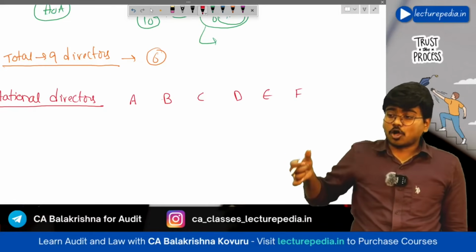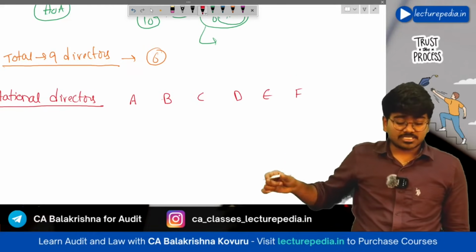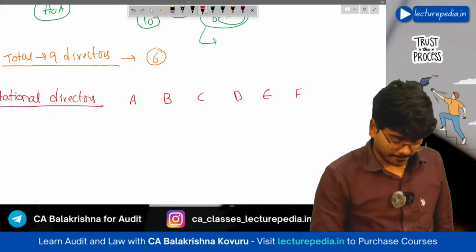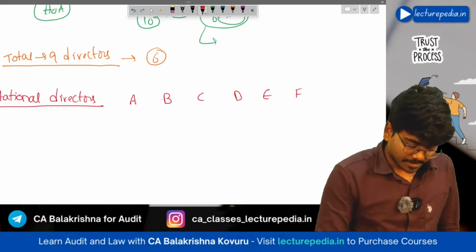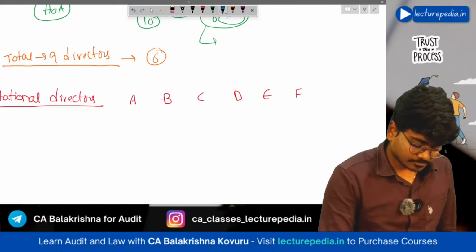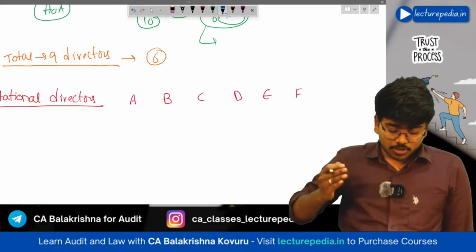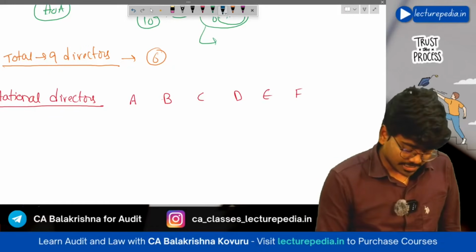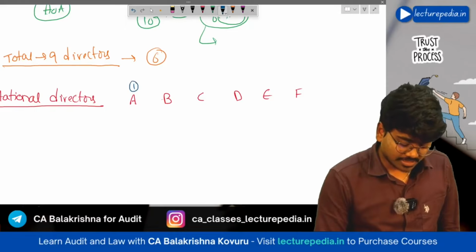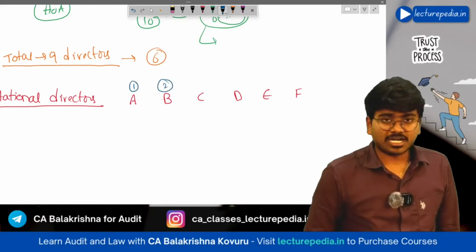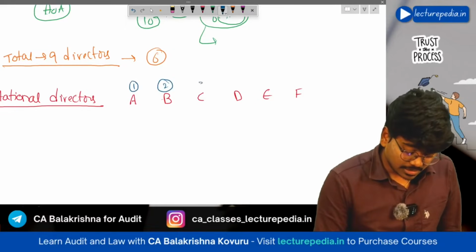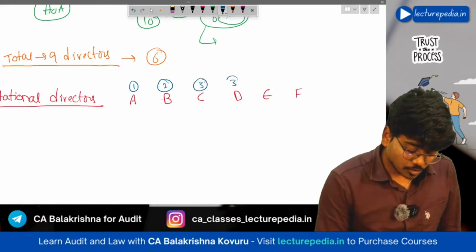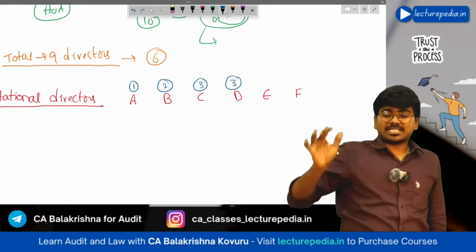That means their office has to be determined by the concept of rotation. I'm also writing their order of appointment. A has been appointed first in the company. After A, B has been appointed second, and C and D are appointed together.